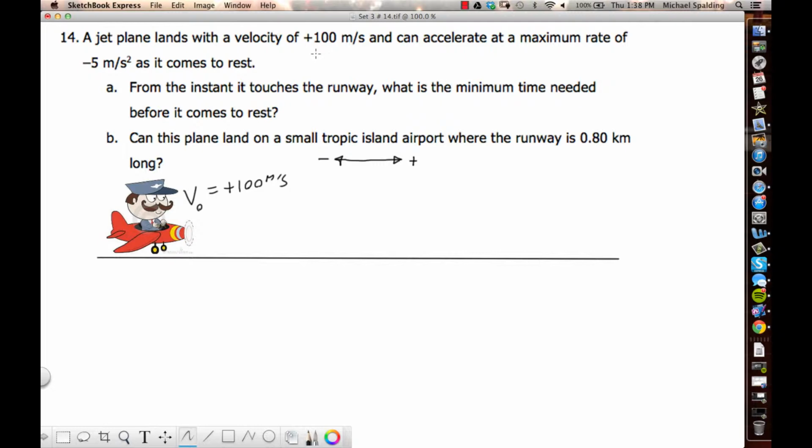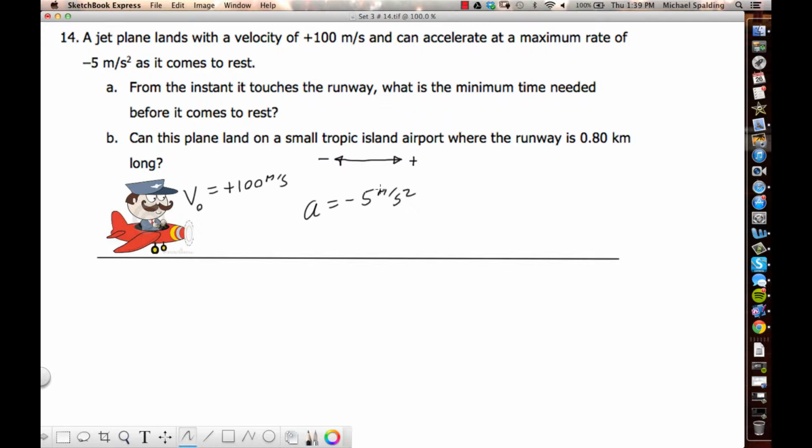Okay, and the airplane can accelerate at a maximum rate of -5. So that's our acceleration. So why -5 meters per second squared? What type of acceleration is that? A deceleration. You know, typically negative accelerations are decelerations, but not always.